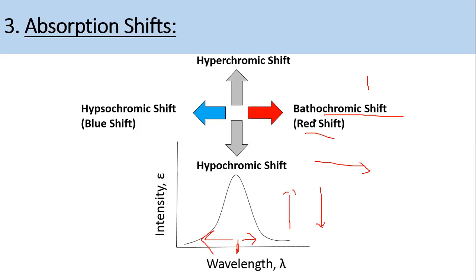On the opposite side, there is the hypsochromic shift, number 2. Hypsochromic shift is also known as a blue shift because it shifts the position to the shorter wavelength, the blue wavelength. So when the wavelength of absorption is increased, it is a bathochromic shift, and when it is decreased, it is a hypsochromic shift.